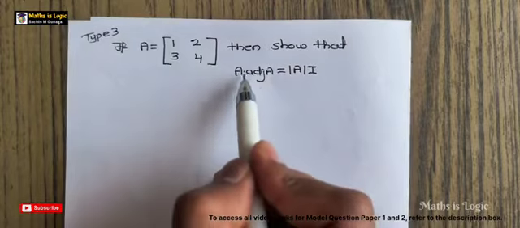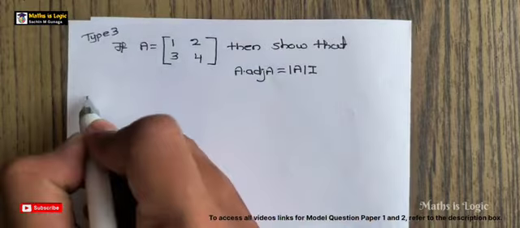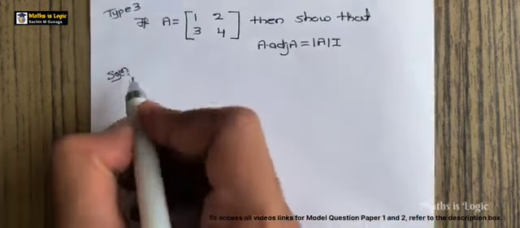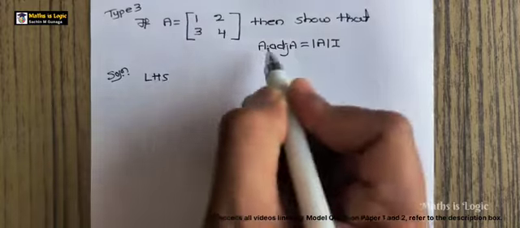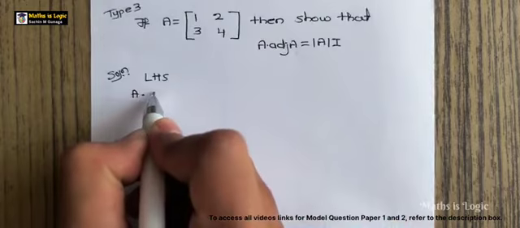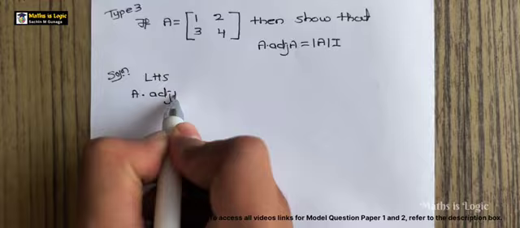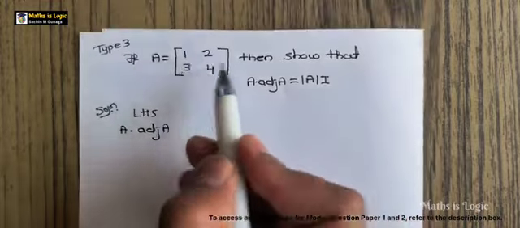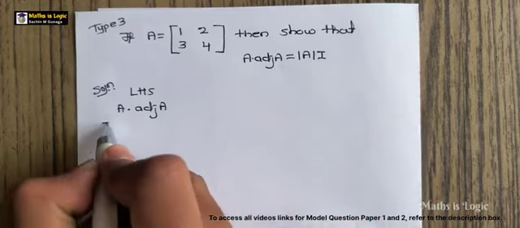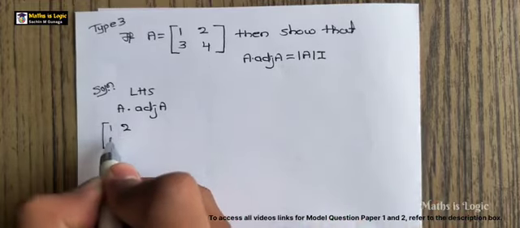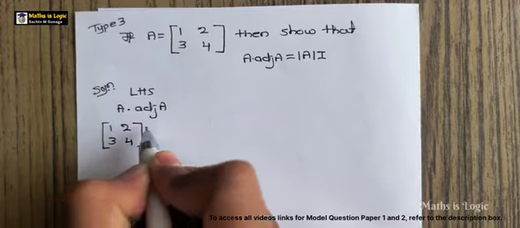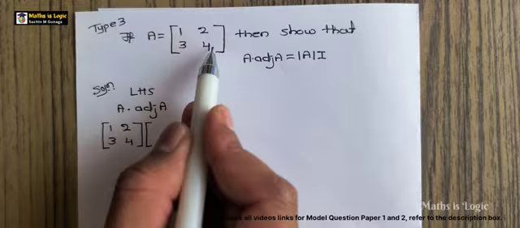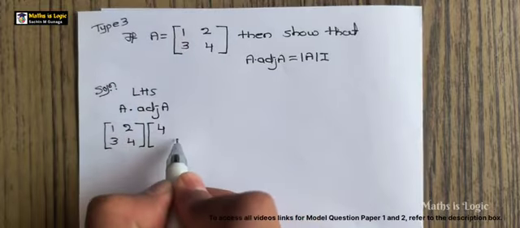So for that, first consider the left hand side. So in the solution, first I am going to write LHS. What is that LHS? A into adjoint of A. As usual, first A. What is the A value? 1, 2, 3, 4. So write 1, 2, 3, 4. Next, into take adjoint of A. Adjoint means interchange principal diagonal elements.